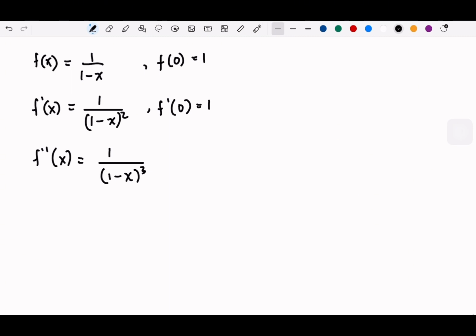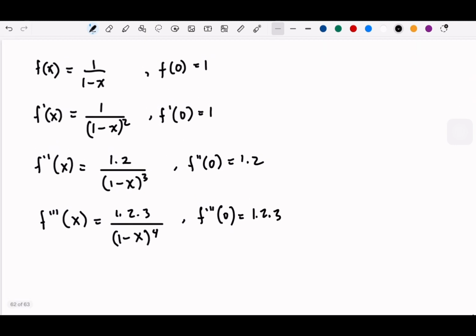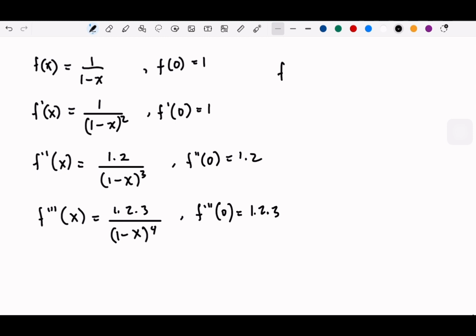and this will be 1 and 2, right? Or you can just write 2. And the third derivative we get, this will be 4, and then 3 will be coming to the front, so 1, 2, 3. So this will be 1, 2, 3, like that. And we can write from here the formulation for the f.